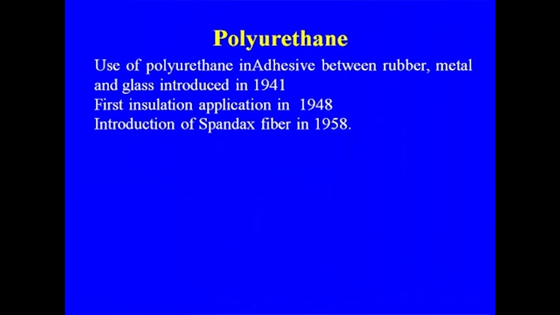First insulation application in 1948, introduction of the spandex fiber in 1958, and then it was the synthetic fiber industry before the textile. We started, and some of the polyurethanes are also being used, especially the spandex fiber.